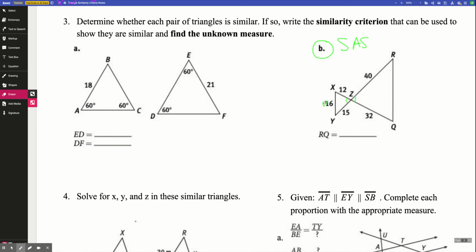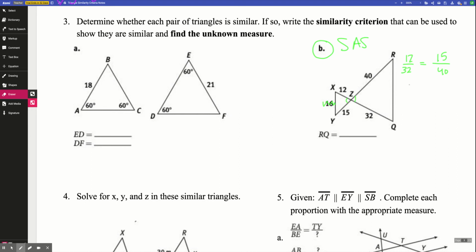So I'm going to ignore the 16 for a second. So I have 12 that goes with 32. So 12 over 32. And then I have 15 over 40. Now, you can check this with the cross multiplication method or the reduce fraction method.